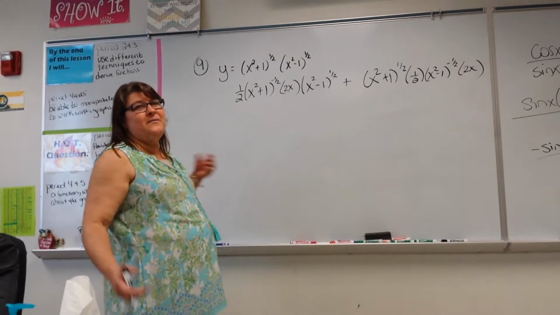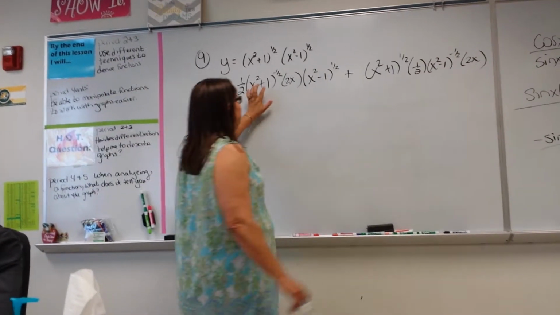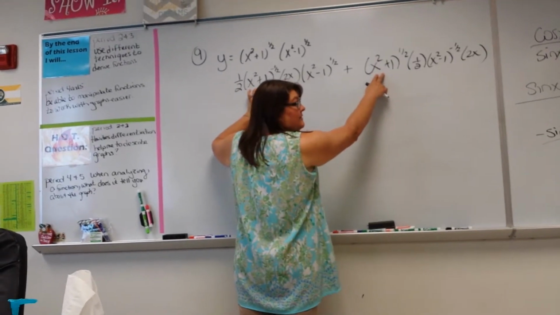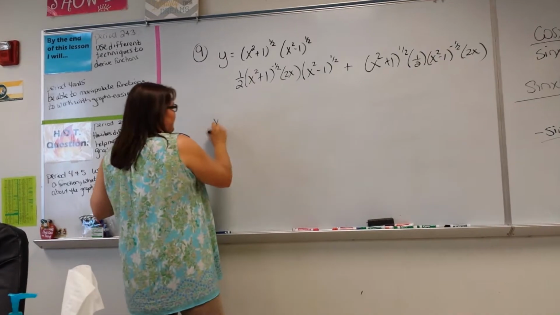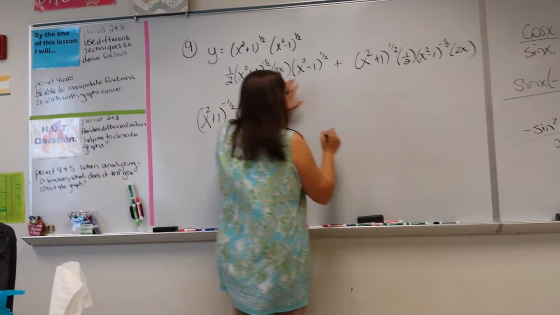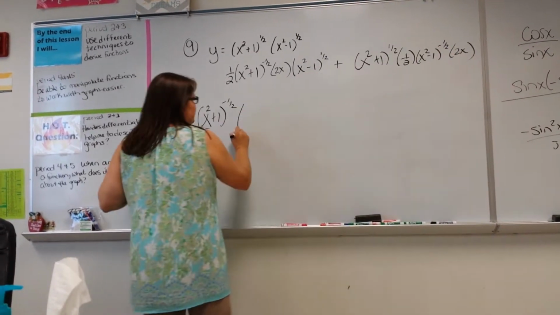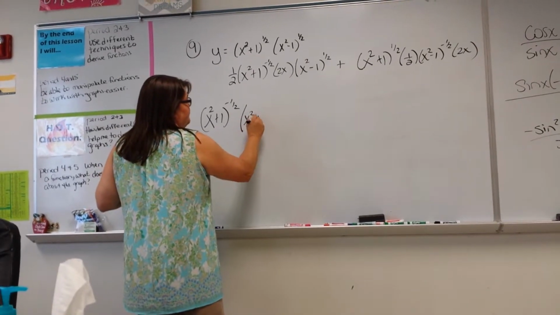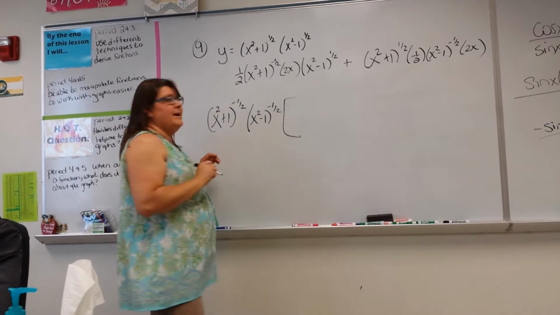So let me show you, if I ask you to clean it up, how it should happen. Do you agree this guy and this guy have something in common? Yes. What's smaller? The negative one half. So that's what I would pull out. Again, do you see in common, smaller? Now, what's left, I put in brackets.